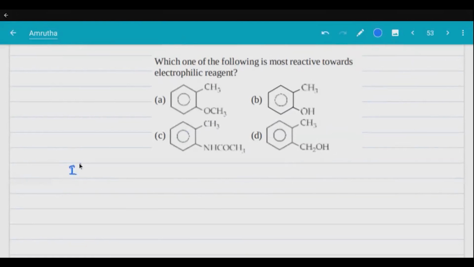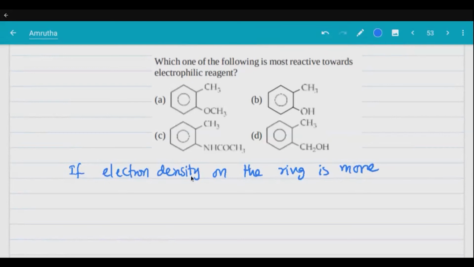If the electron density on the ring is more, that is more reactive. Because if it has more electrons, then only it will easily give electrons to the electrophile. If electron density on the ring is more, that is more reactive towards the electrophile.